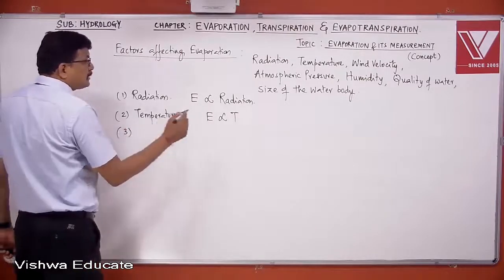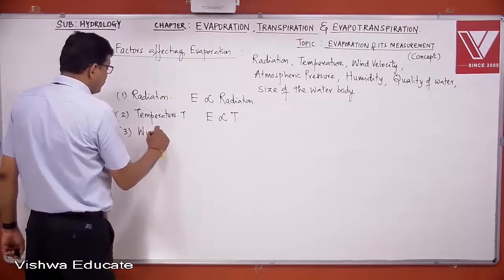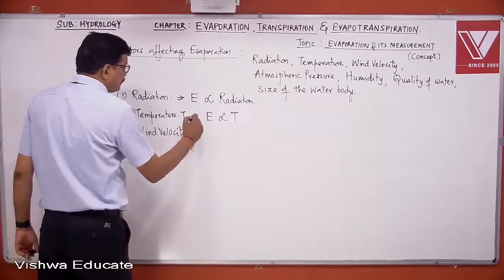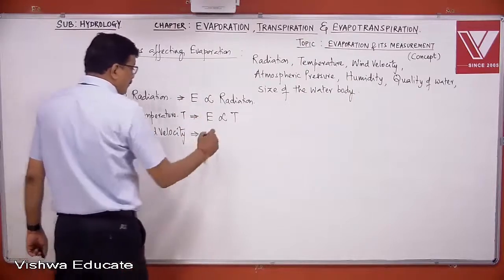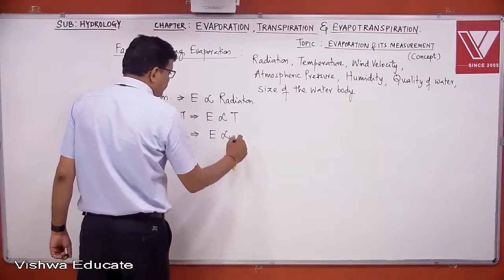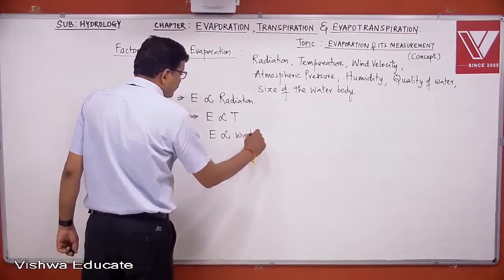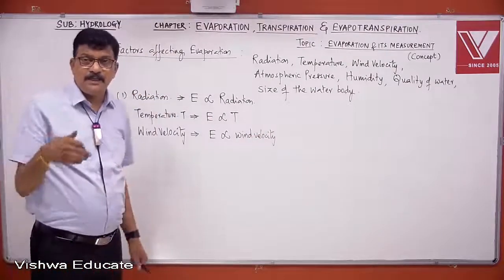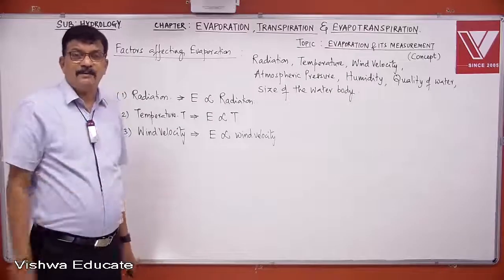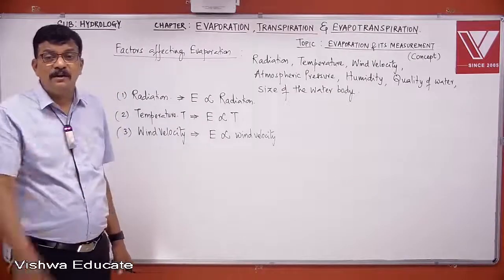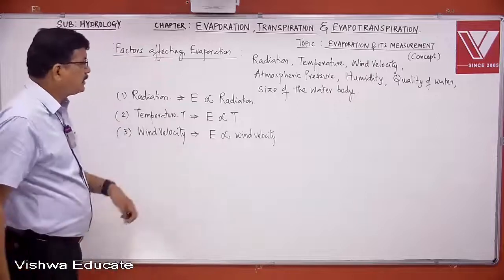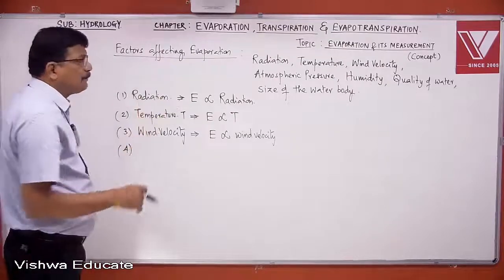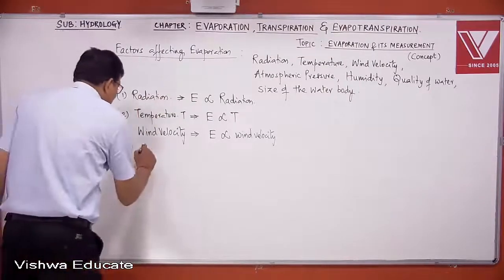Third one, the wind velocity. Evaporation is directly proportional to the wind velocity. If the wind speed is high, as I said, it will help the evaporation process run faster. Hence, it is directly related. Number 4, atmospheric pressure.